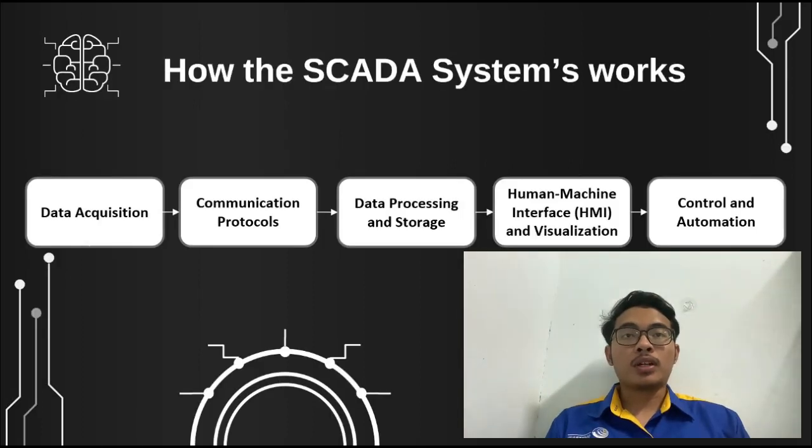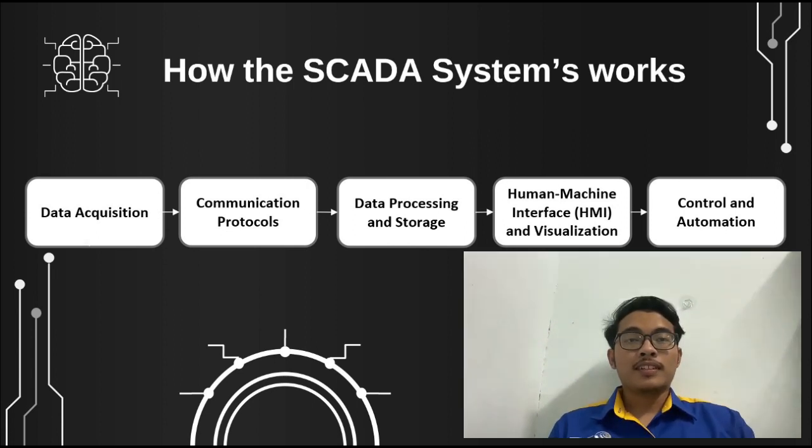Next, I will talk about how SCADA system works. First, data acquisition. The sensors measure parameters and the data collected by sensors is transmitted to remote terminal unit using wired or wireless communication protocols. Next, communication protocol.